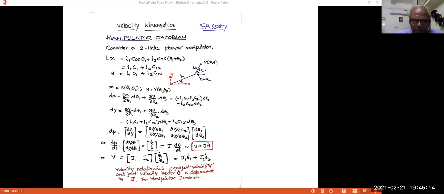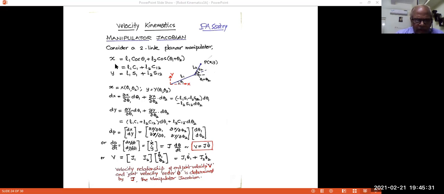x is equal to L1 cos theta 1 plus L2 cos of theta 1 plus theta 2, where theta 2 is the angle between L1 and L2. So along the x-axis, the component will be L2 cos of theta 1 plus theta 2.